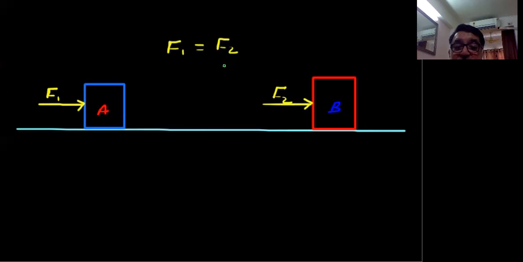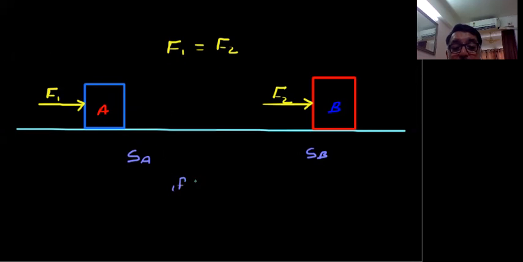Remember, in our previous example, we assumed that the displacement was exactly same, but now we are saying that forces are exactly same. If box A moves and it produces some displacement, the displacement produced by box A we are going to say is SA, and the displacement produced by box B we are going to say is SB.